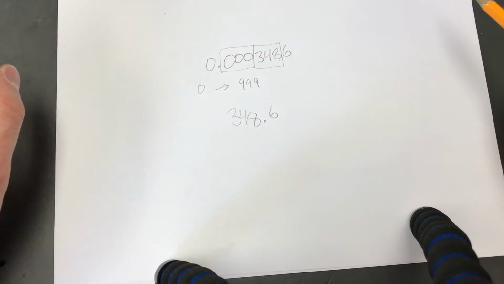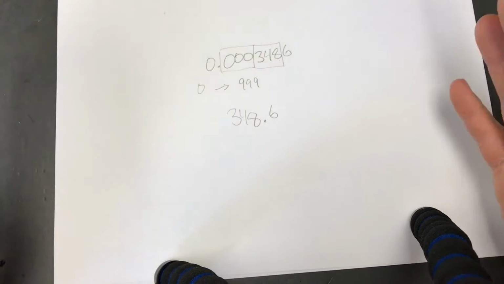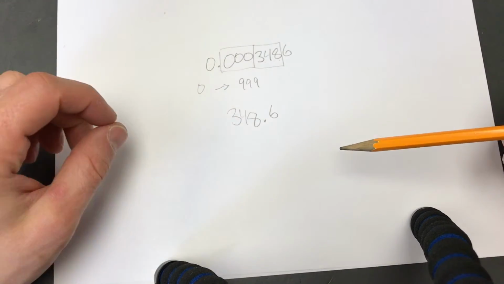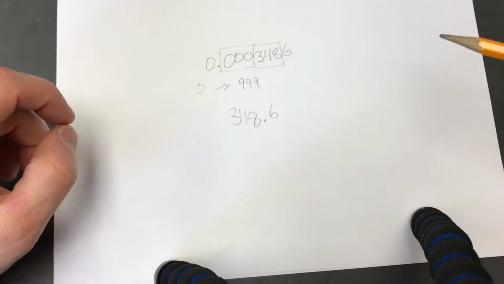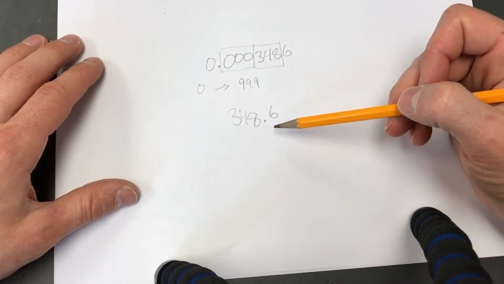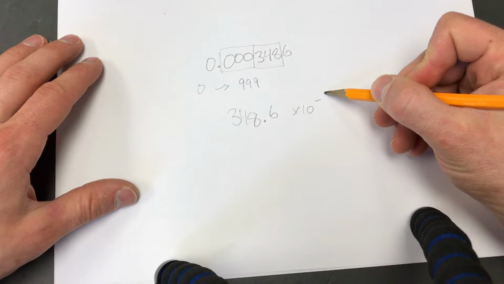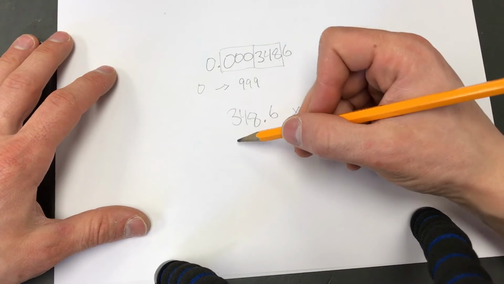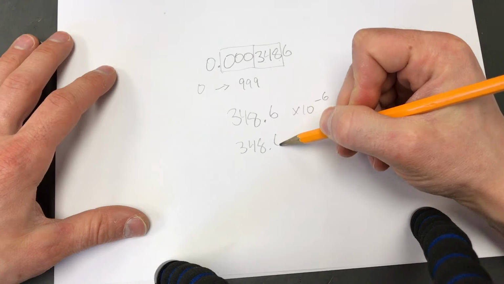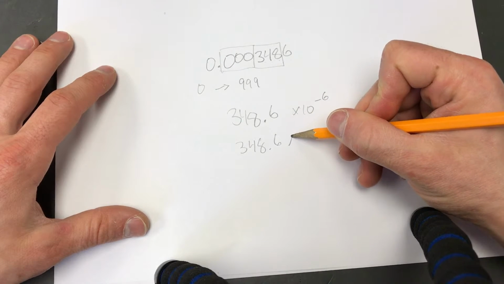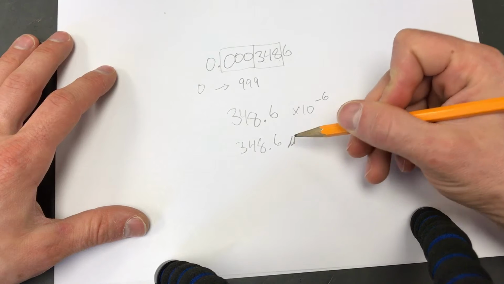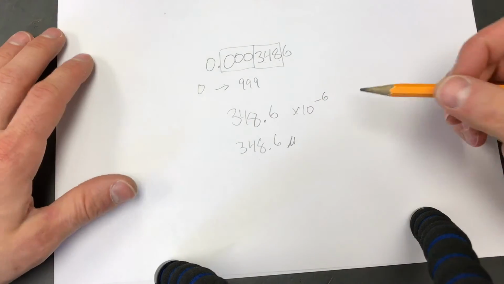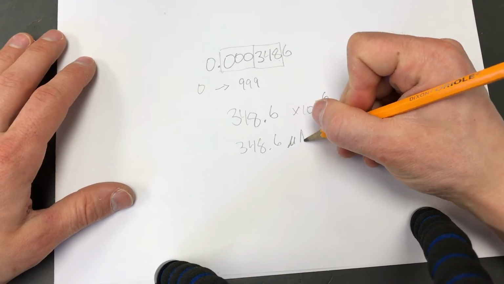Now I have to look at where I moved my decimal place. I moved it right, which is negative. So times 10 to the negative 6th, which turns out to be micro. The symbol for micro is the mu, a funky looking u. And that's how you write 348.6 micro, let's just call this microamps.